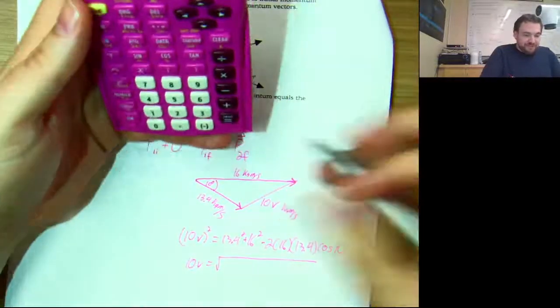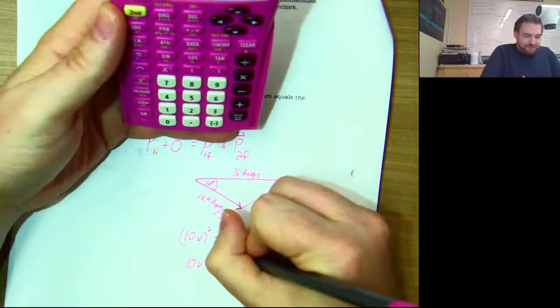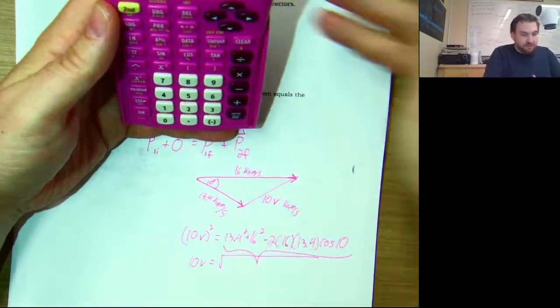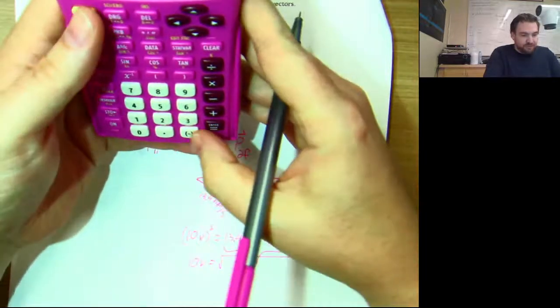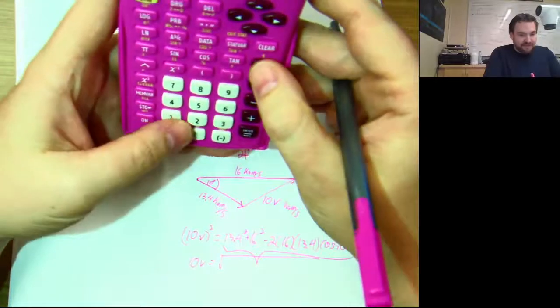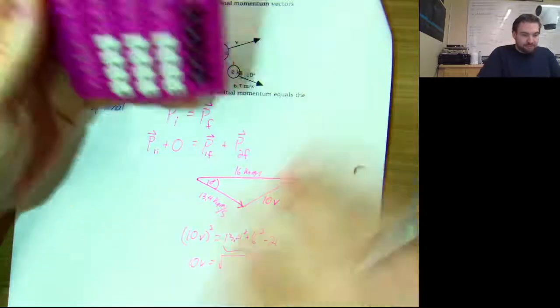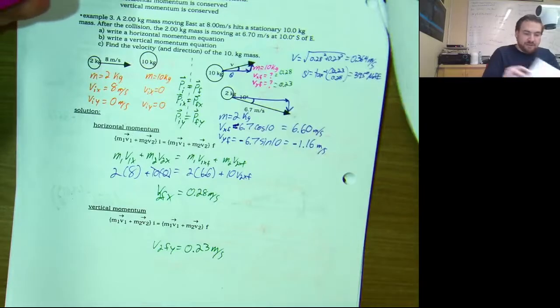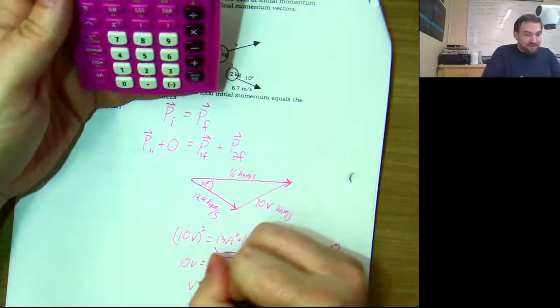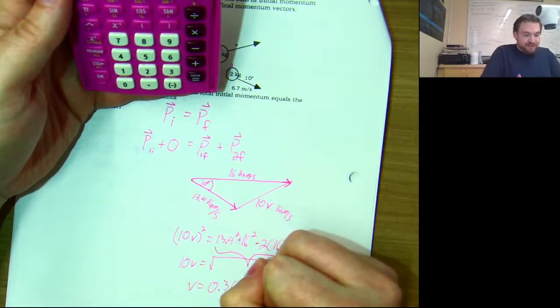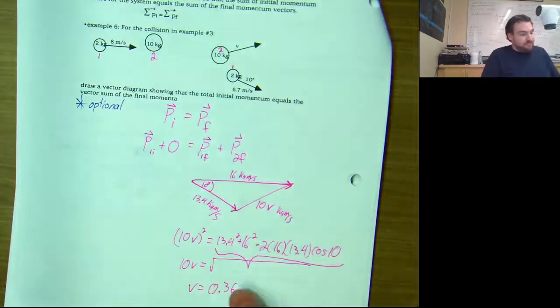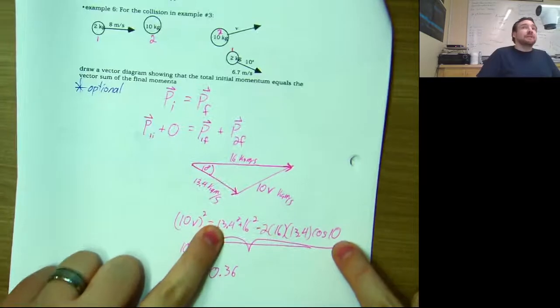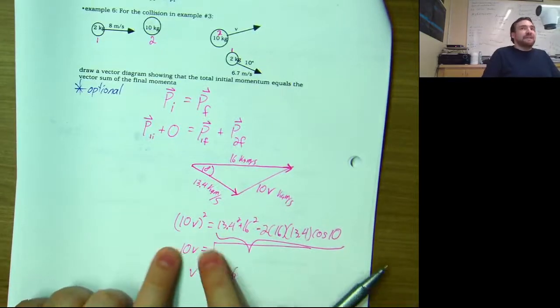I'm going to square root my answer. I'm going to divide that by 10. Please be the same thing. Oh, look, it is 0.36. So I plugged this into my calculator. I took the square root of it, and I divided it by 10.